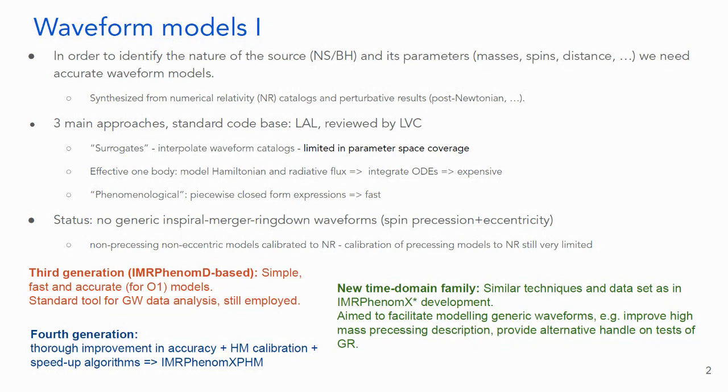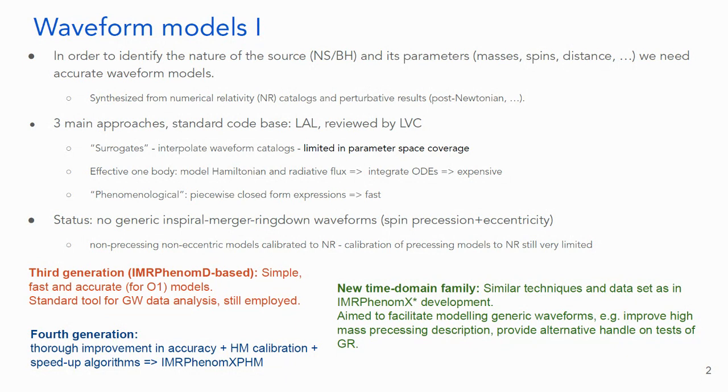Finally, we have the phenomenological waveform models, which are the ones that I'm going to talk about in this talk, which are simple and fast because they are built using piecewise closed-form expressions. At the moment, there is not a generic waveform model that includes both the precession treatment and also eccentricity.